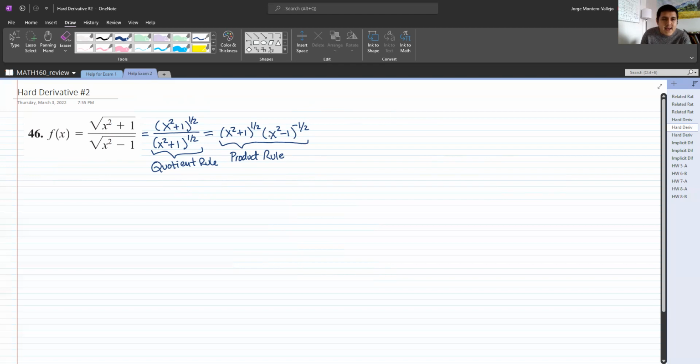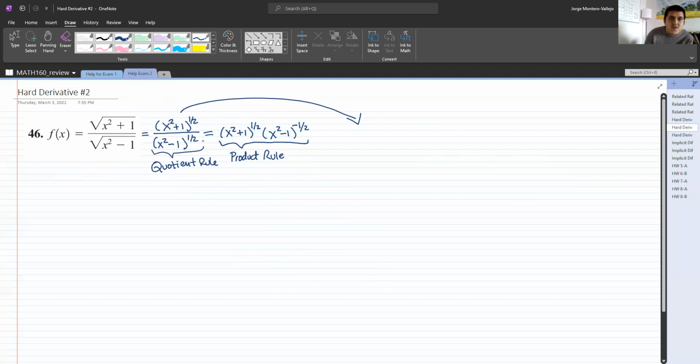In fact, I can see another way of doing this. The way it's written here, it's this term raised to some power, and this other thing, sorry, this should have been a minus, raised to the same power.